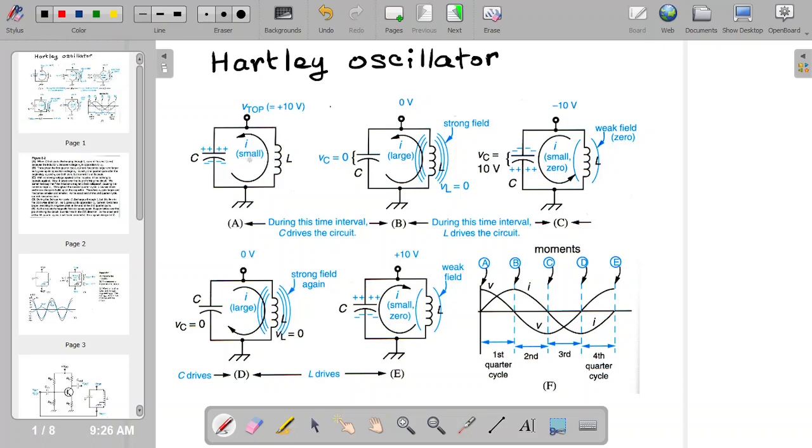So you get to here, so I is large, and you have a strong magnetic field, and the voltage is 0. So that's the first quadrant here. So V goes to 0 and I goes to its max.